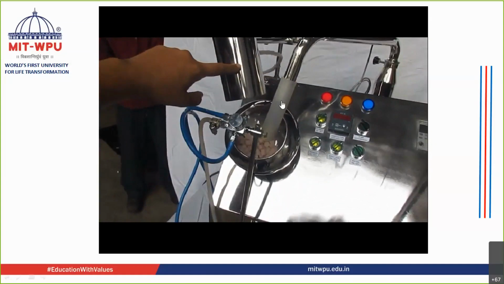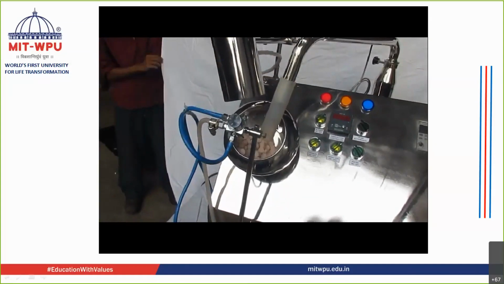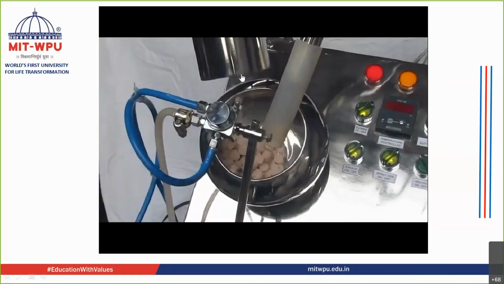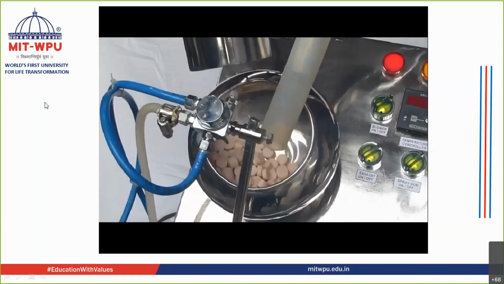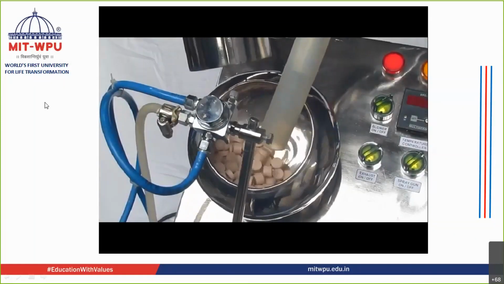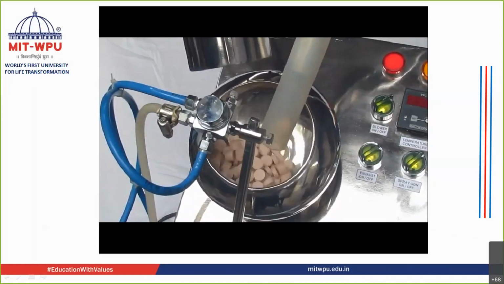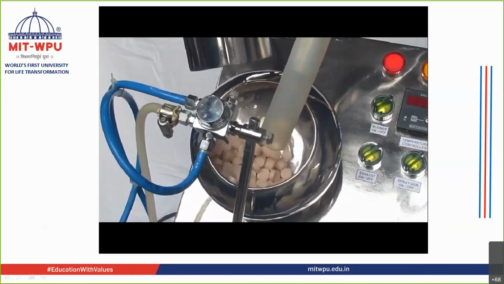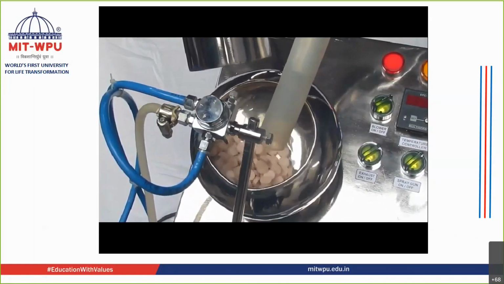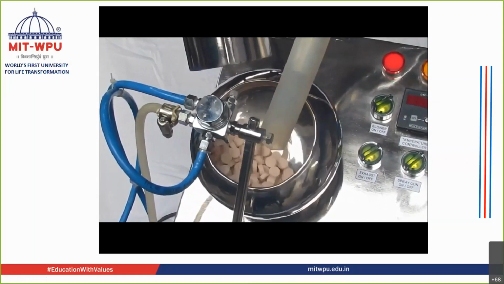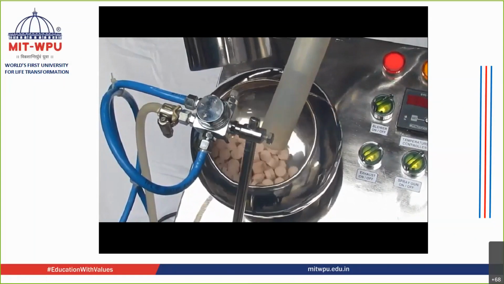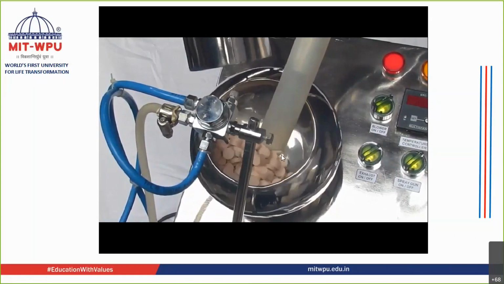This one is the hot air. The hot air has been blown on it, and whatever exhaust is there is getting removed. So this is an R&D coater which is of 6 inch.